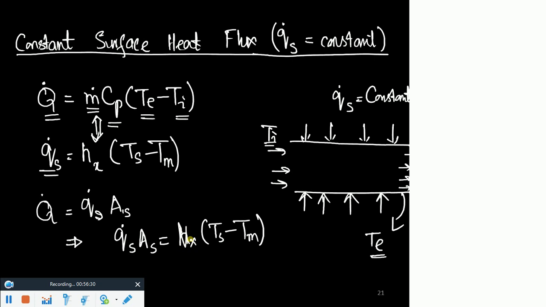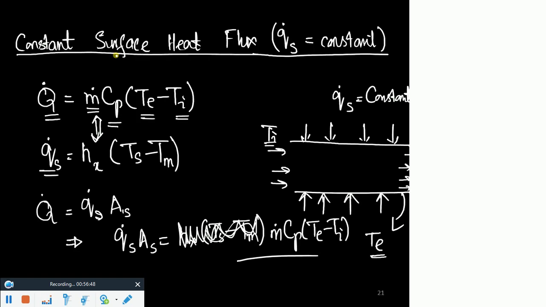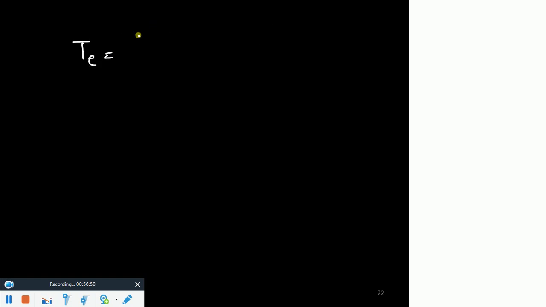No, I'm sorry. This has to be m dot Cp Te minus Ti. So the question is, if I know the inlet temperature, I need to know the exit temperature. What would that be? Ti plus Q dot As over m dot Cp.